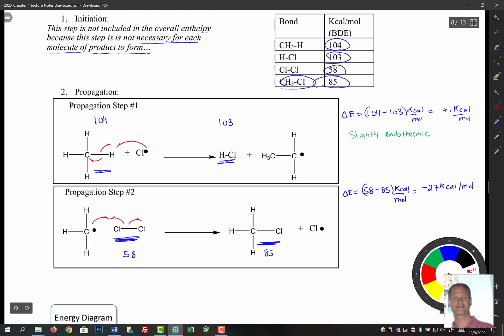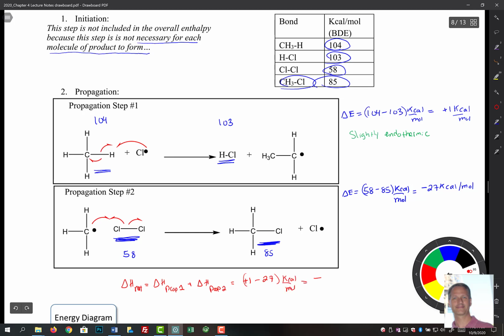So then if we wanted to calculate the net delta H, it would be equal to the delta H for propagation 1 plus the delta H for propagation 2. Right, so we can see up above that's positive 1 minus 27 essentially, kcals per mole.